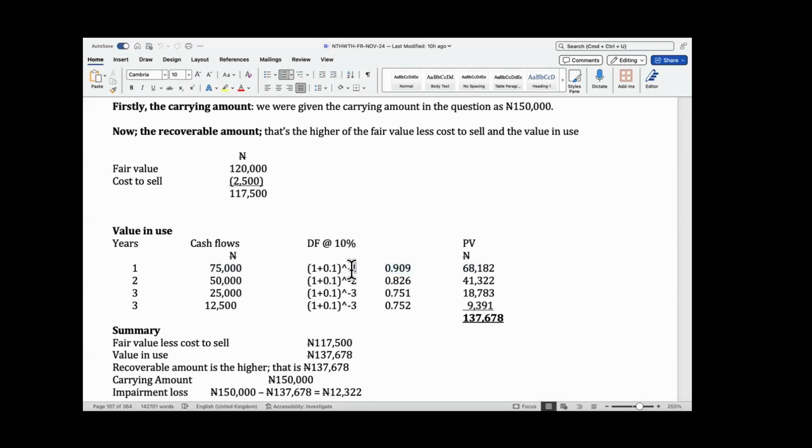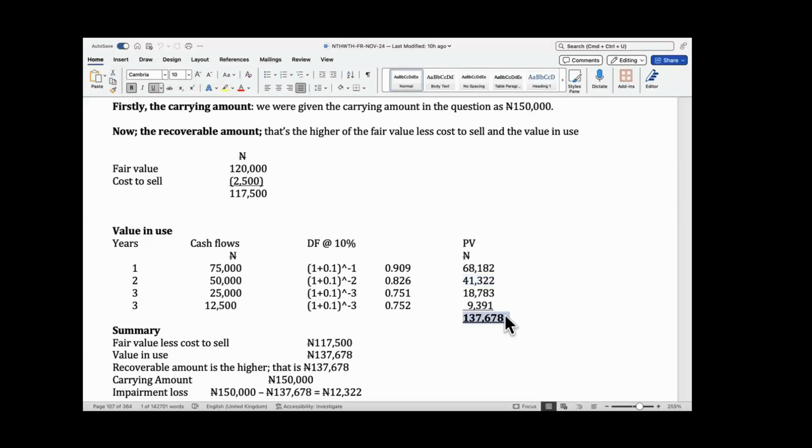In year 1, that minus n will be minus 1. In year 2, it will be minus 2. In year 3, it's minus 3. That gives you these discount factors, which you multiply by each of the respective cash flows for the respective years. You get the present value for each year. When you add all together, you get 137,678, which is the value in use.